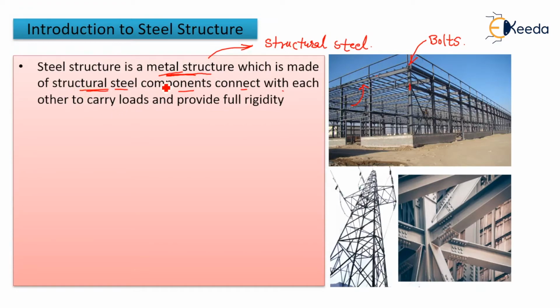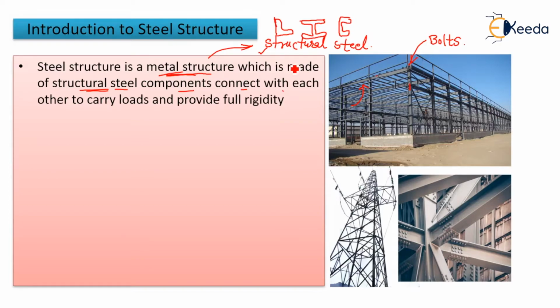So basically steel structure is a metal structure, as I said, and it will be made of structural steel. Now what is structural steel? See, that steel which is manufactured in the factories and whose standard sections are available, such as, you may have heard about I section or angle section. A section like this is an angle section. Then we have I section, then we have channel sections like this.